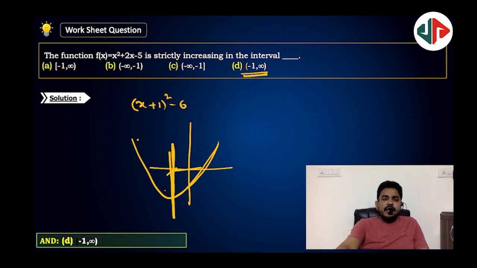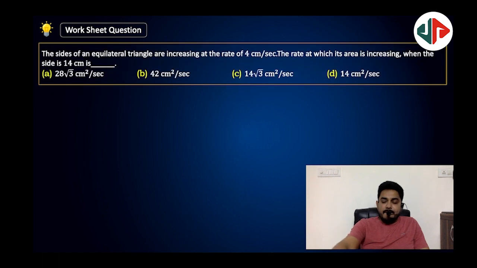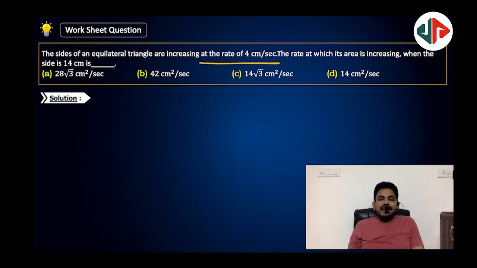Next question is, the sides of an equilateral triangle are increasing at the rate of 4 centimeter per second. The rate at which the area is increasing when the side is 14 centimeters. Equilateral triangle area is equal to root 3 by 4 a square.